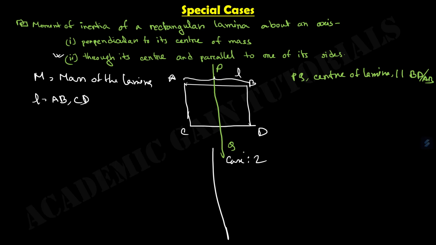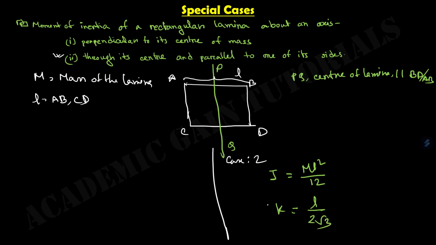the moment of inertia I will be equal to ml square by 12, and the radius of gyration k will be equal to L by 2 root 3.